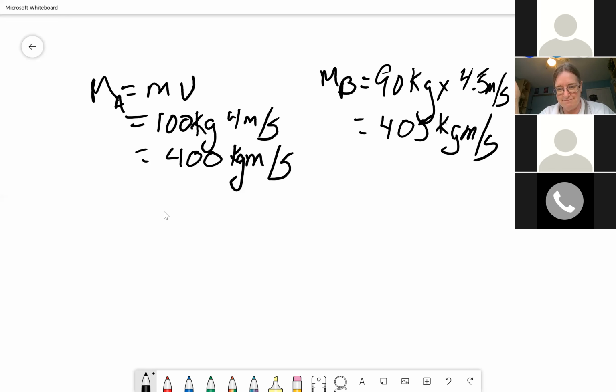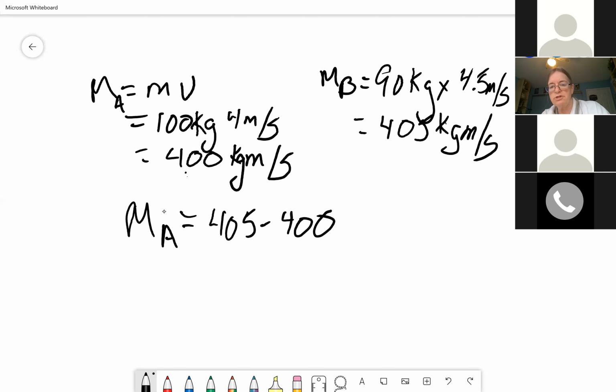That's right. But then they calculated velocity, so that's where it confuses me. We didn't spend a lot of time on this, so you don't have to know this, but essentially, if they take the momentum of the other person, you're going to have 405 minus 400, which will be the total momentum of A plus B, because they're going to be attached now.